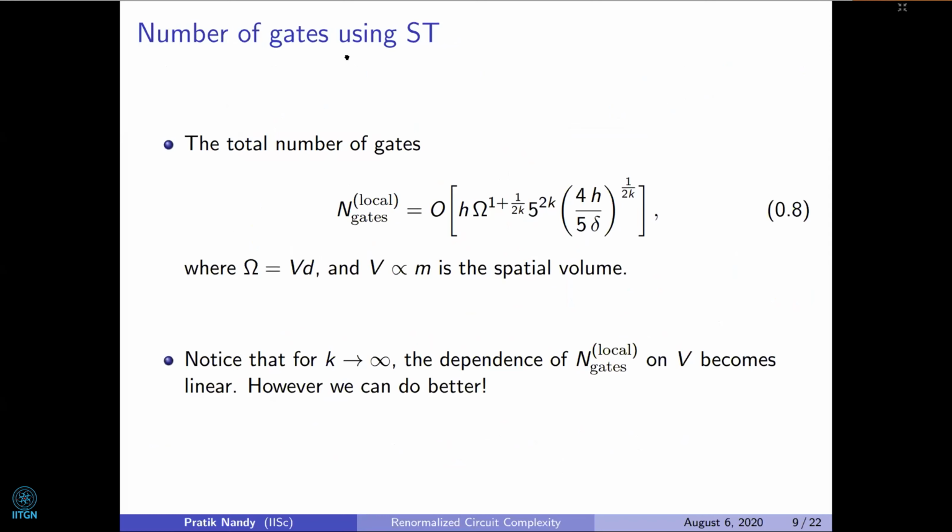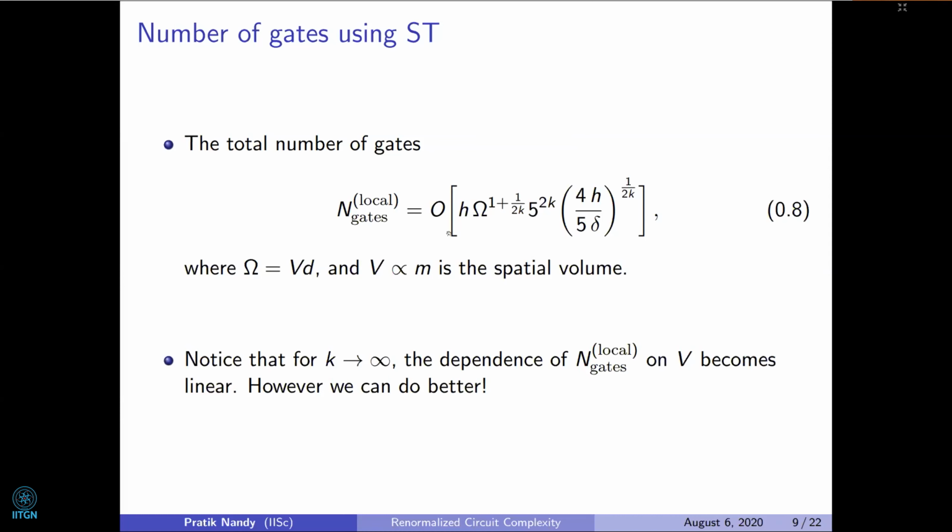So if we use the Suzuki-Trotter formula, the total number of gates scales like this, which depends on the order of Suzuki-Trotter, and where this has some scaling, 1 plus 1 over 2k. We see that when k tends to infinity, the dependence becomes linear.